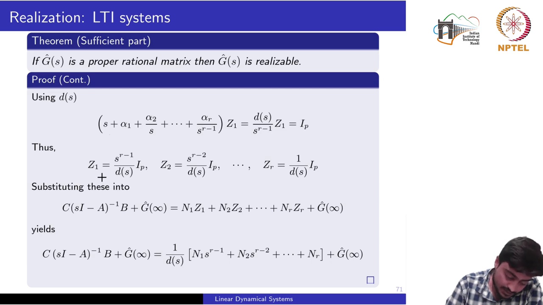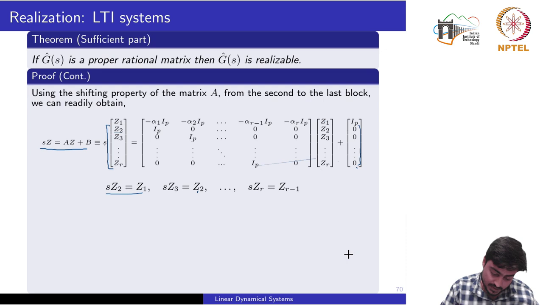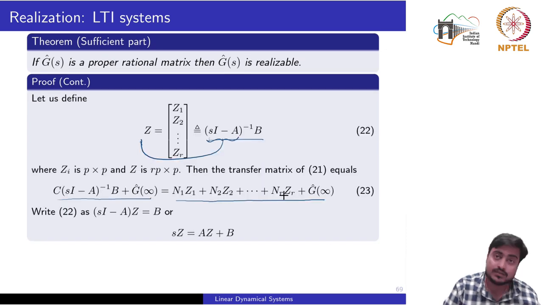Okay. So once I have defined Z1, which is s to the power r minus 1 divided by D of s times Ip, I can compute all the remaining Z's, which were parameterized in terms of Z1. Okay. Now substituting all these Z's into the original equation, if you see here, this part from where we started.